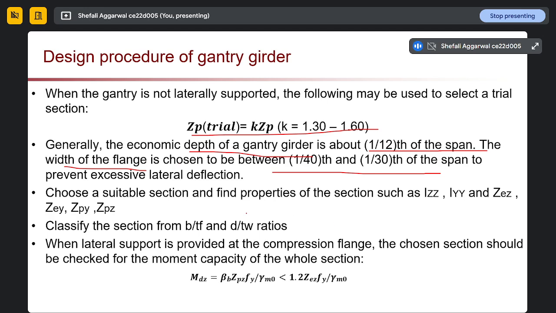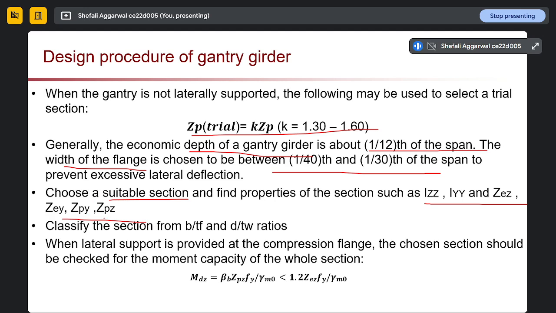After getting this check, we will choose a suitable section, and then different properties like Izz, Iyy, Zd, Zy, Zp, Zz. All these properties will already be given to us for that particular section in our steel table or SP course.